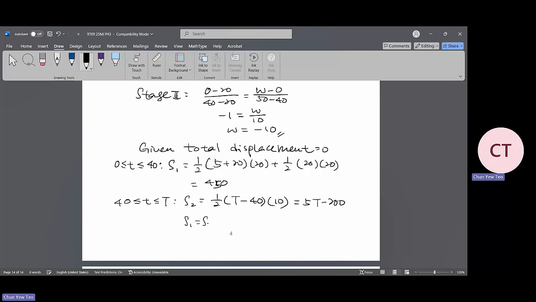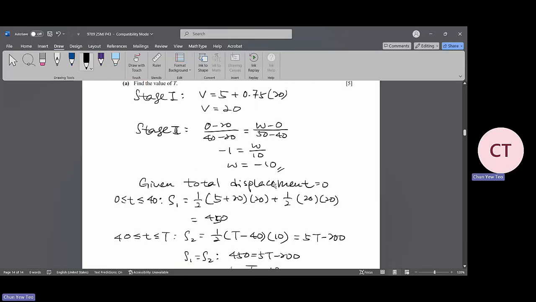S1 equals S2, that means 450 is equal to 5t minus 200. So t will be equal to 650 divided by 5, that will be 130. Done. This will be the value of t. That is the answer for number 3A.